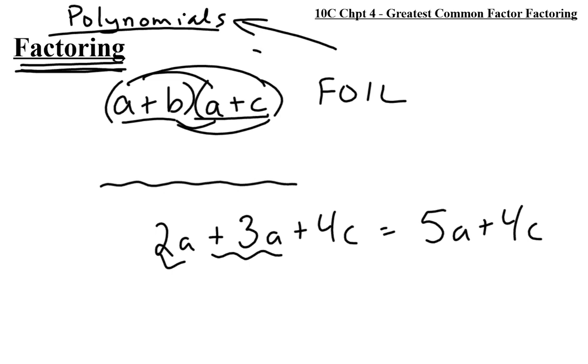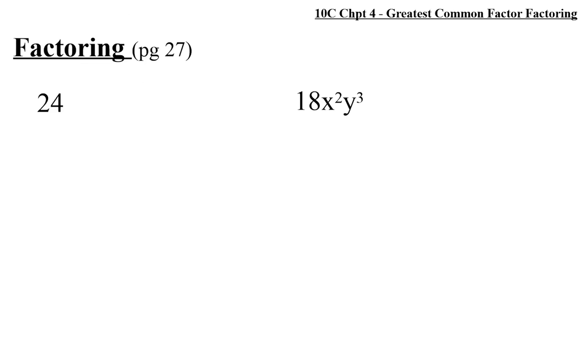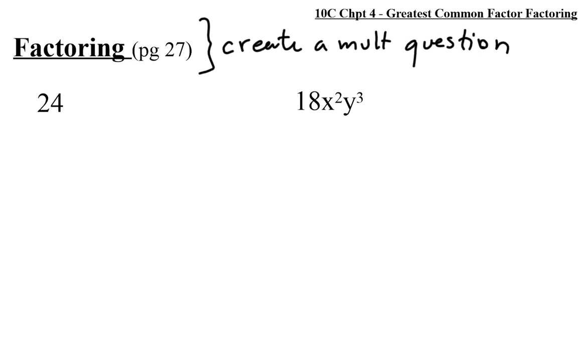Well, factoring is the exact opposite. We want to take stuff apart. So what factoring is basically, instead of creating a product, we want to create a multiplication question. Instead of putting stuff together, we want to take it apart.